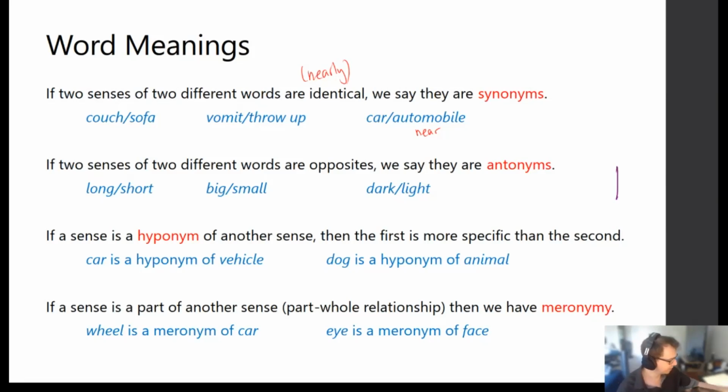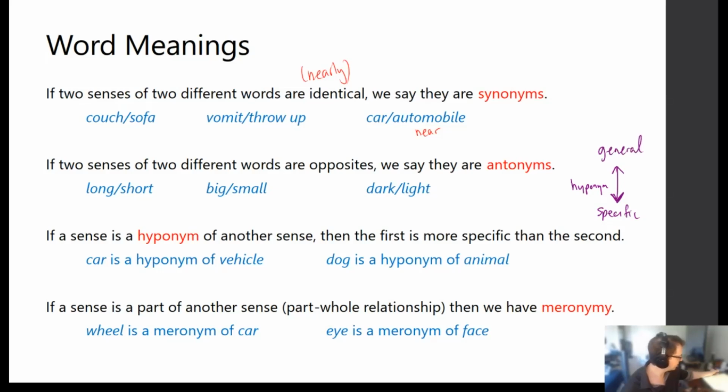Hyponyms are like relationships between specific and general. So the specific is a hyponym of the general.